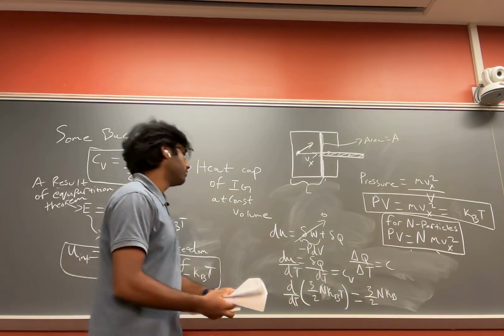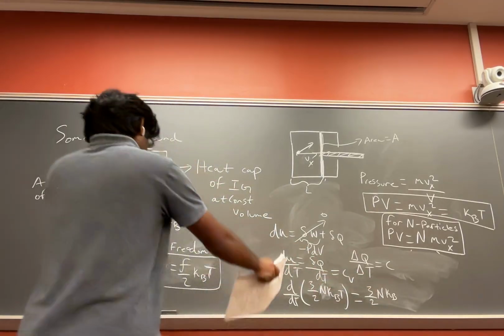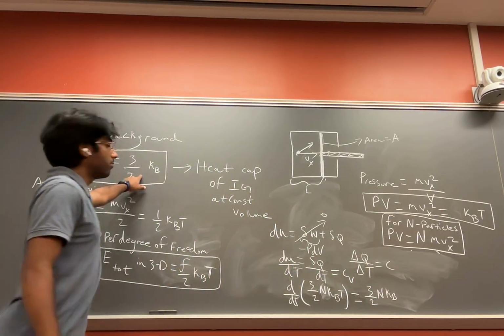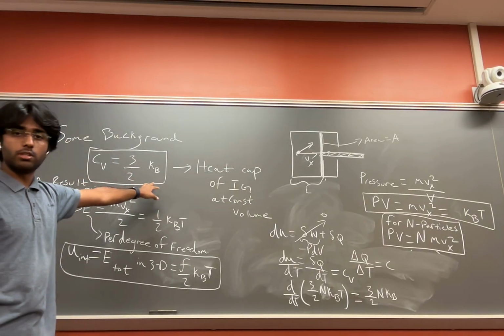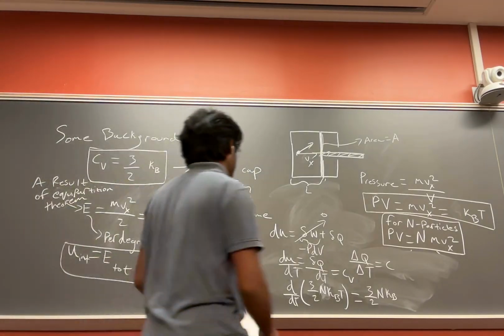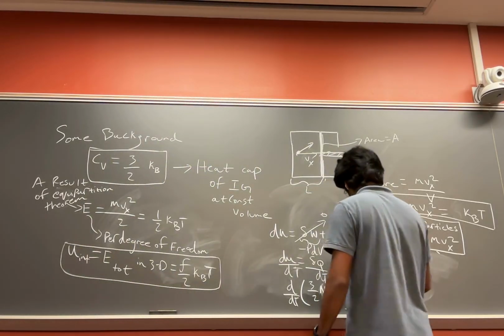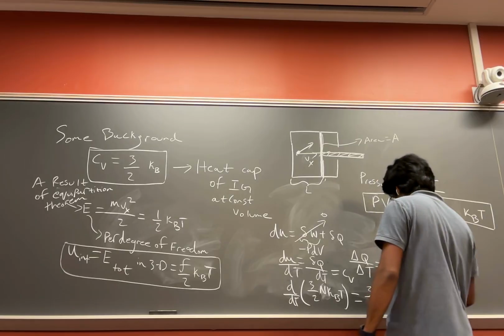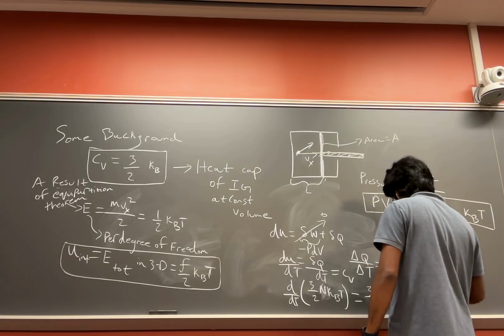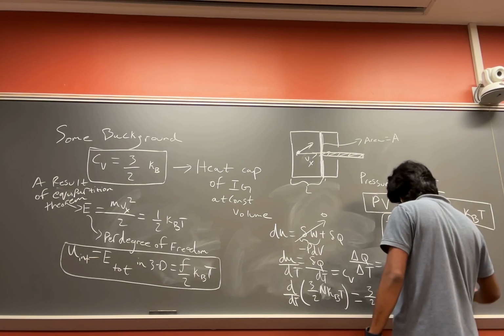And of course, this is for n atoms. And if we just divide over by n, we get the result 3 over 2 kB, which is the heat capacity per atom of an ideal gas. CV for n particles.